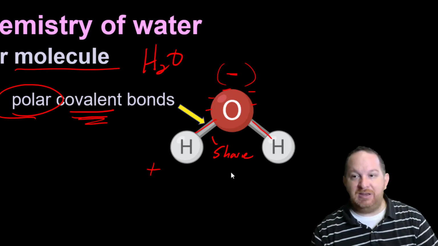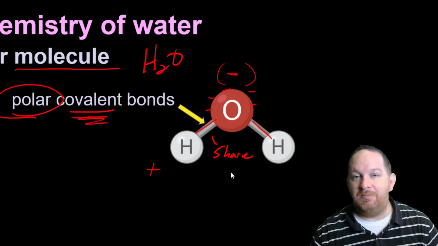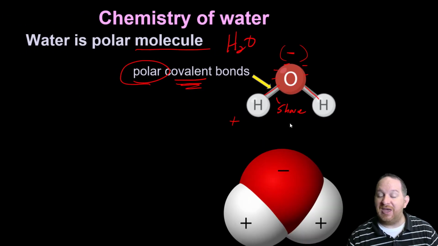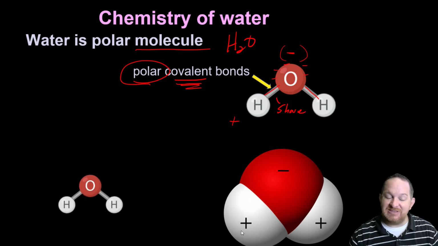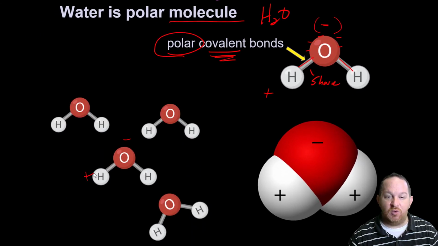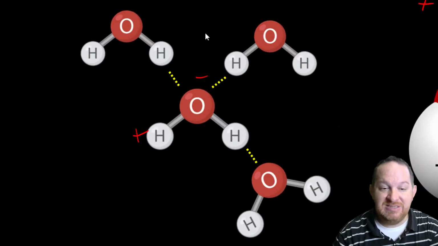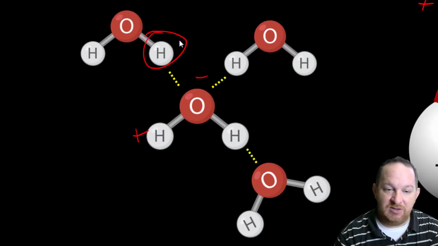Now, what does that mean? Well, what do we remember about positives and negatives? They actually attract each other. So here you can see, if you think about it, this oxygen molecule has a slightly negative charge down here. The hydrogen has slightly positive. So what we'll see here is that this sets up a really interesting situation where we've got negative here, positive here. We know, of course, negatives and positives attract each other. So what that means is the positive end of this water molecule will be attracted to the negative end of this.